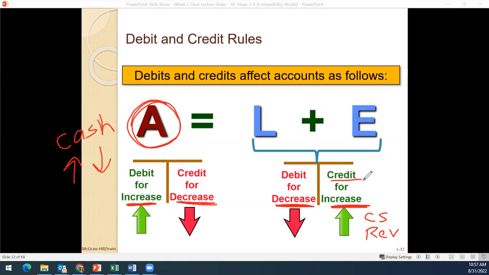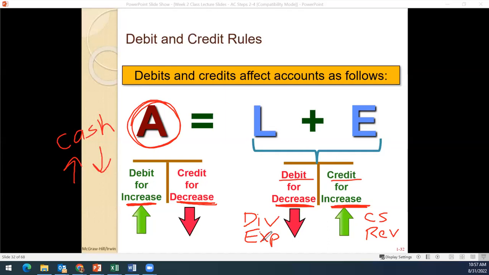On the other hand, the accounts that decrease equity are dividends and expenses. So those accounts will always be debits.